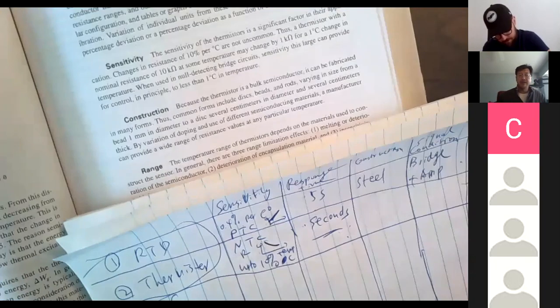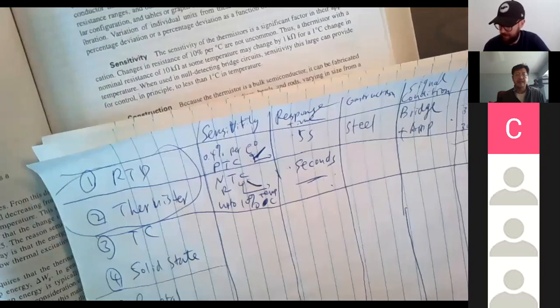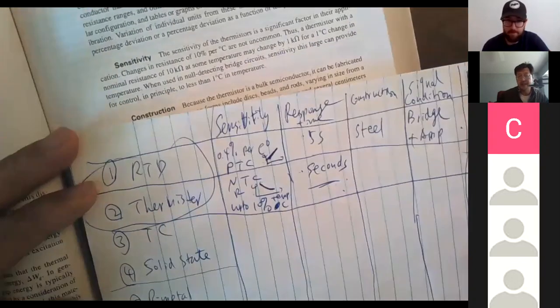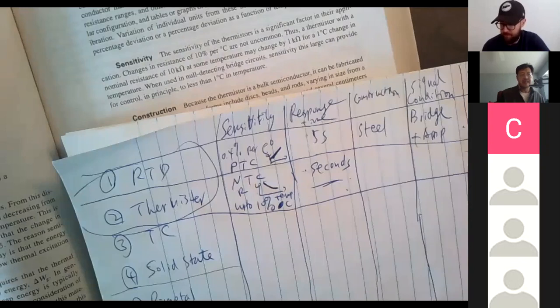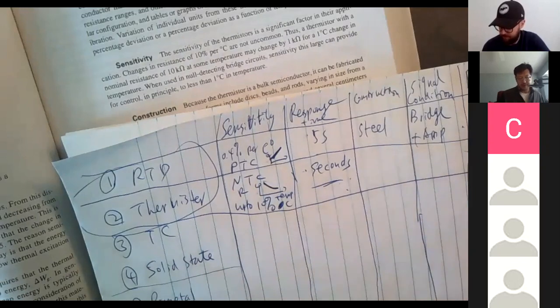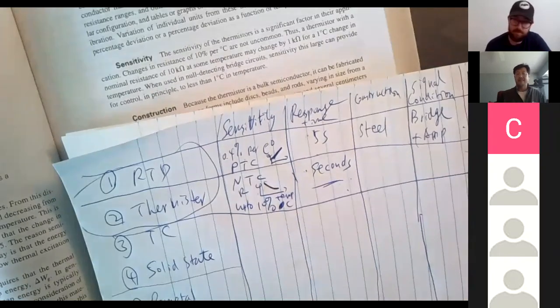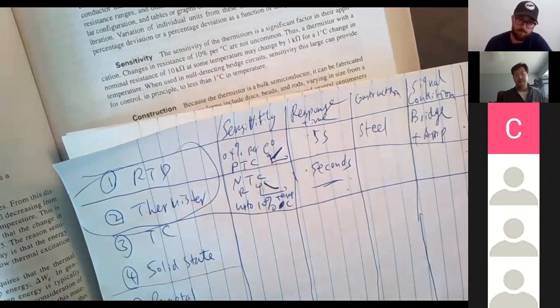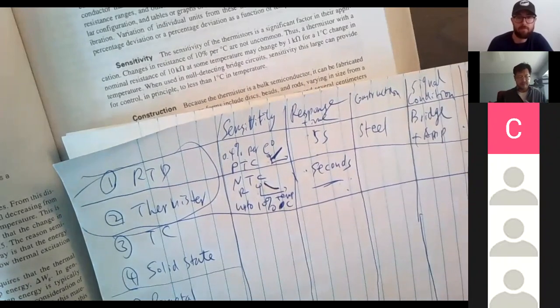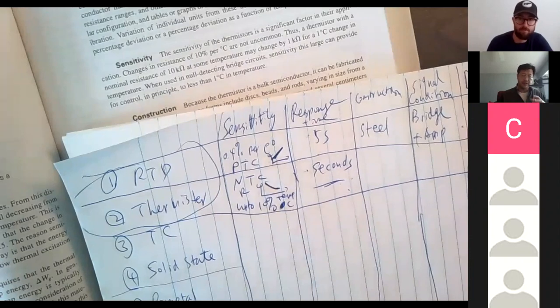Because you are measuring thermal energy. When you are trying to measure thermal energy, you need that energy to actually conduct. It takes a while for the thermal energy to conduct through to the sensor.